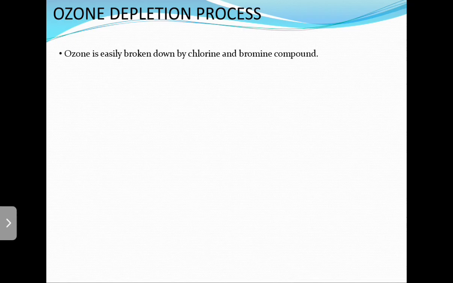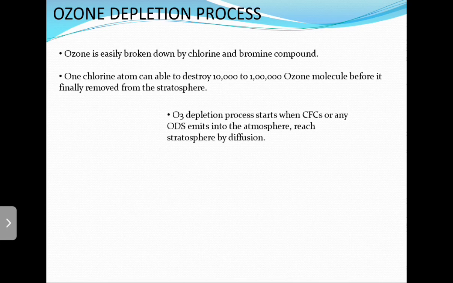So we have to be much more careful about this, because the ozone depletion process starts when chlorofluorocarbon or any ODS, meaning ozone depleting substances, is emitted to the atmosphere. This ozone depleting substance reaches the stratosphere by diffusion, and when it reaches there, the ultraviolet radiation breaks the ODS or chlorofluorocarbon into chlorine.